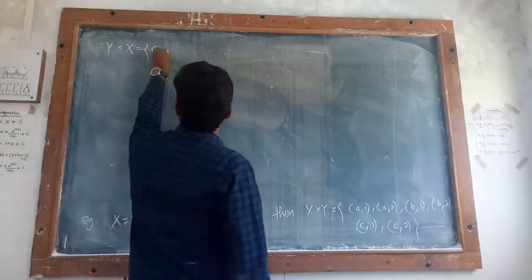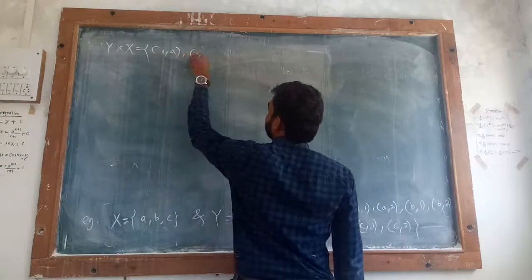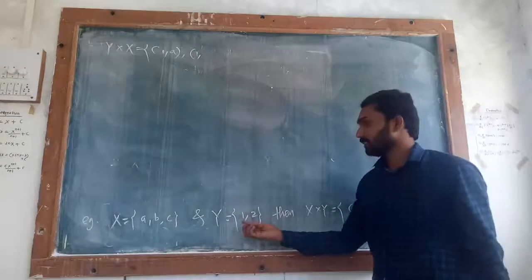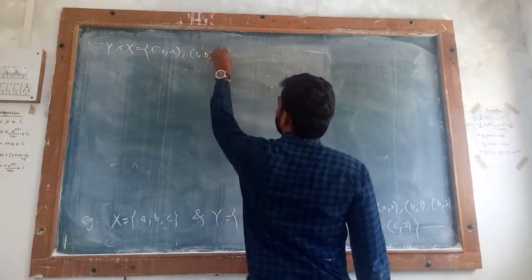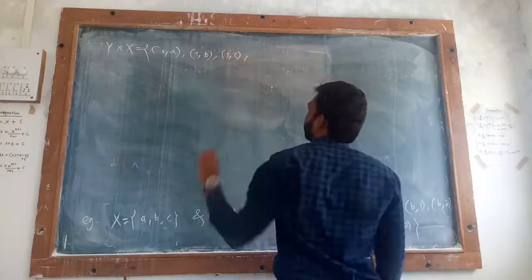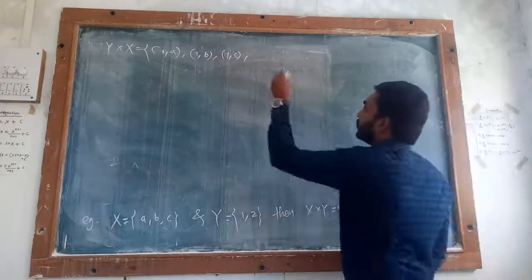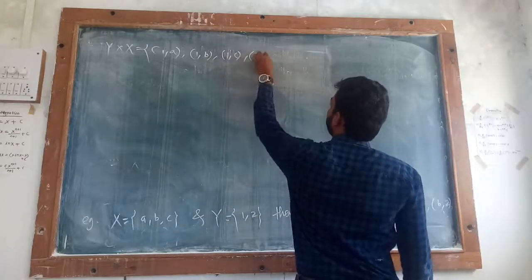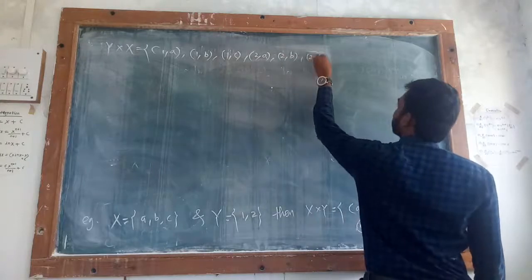So you have to take 1, with the first element of X, a. Next, first element of Y is 1, second element is b, therefore 1 comma b. Next 1 comma c. This is for the first element of Y. Now the second element of Y is 2, therefore this contains 2a, 2b and 2c.